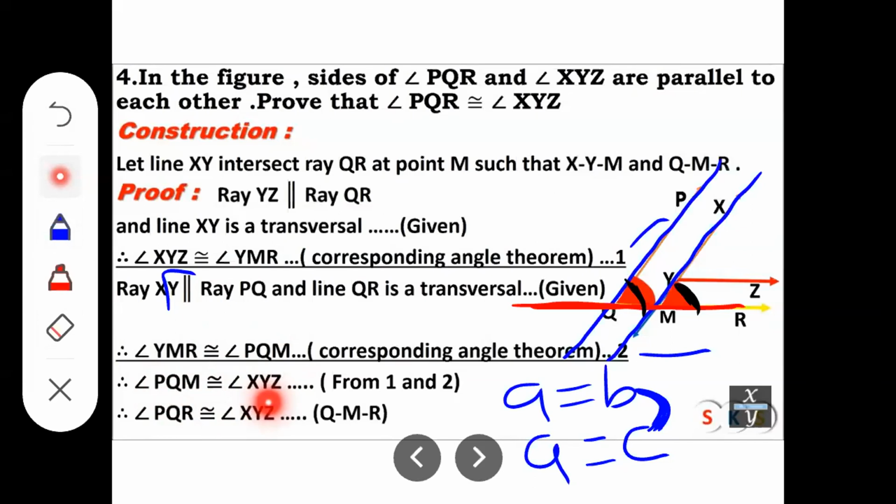Now angle PQM, see in the diagram. Where is it? Angle PQM.